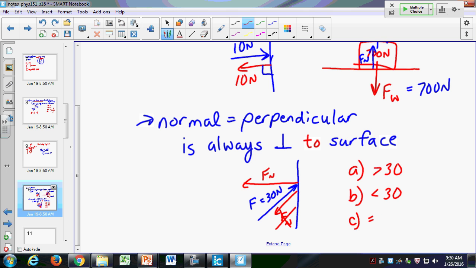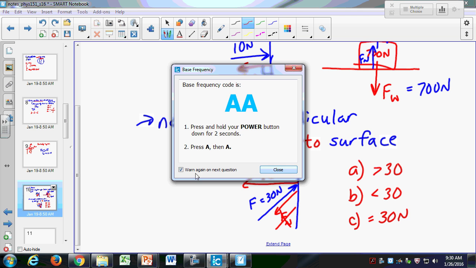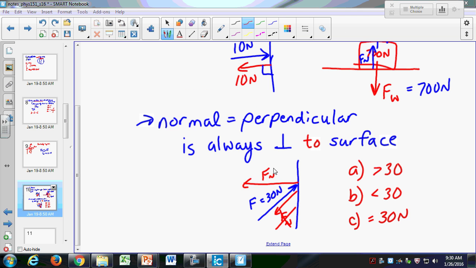Or is it equal to 30 newtons? I have a force that I'm pushing at an angle here, and I'm asking, this is the normal force. Is it bigger, smaller, or the same as the force that I'm pushing on? You had a question that was somewhat similar, a different situation, but somewhat similar to this on your quiz.